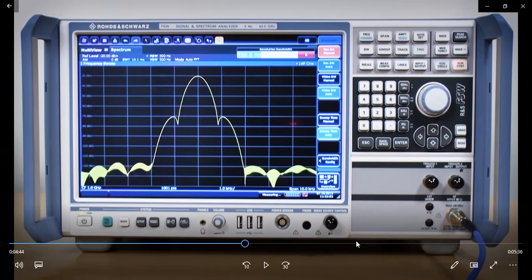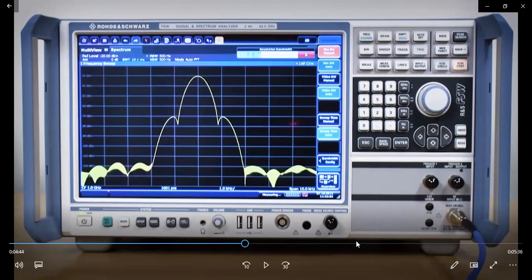So when you have fast changes and you want to trace the fast variation, then a larger RBW may help you. But when in the frequency domain you want to be more precise, then a smaller RBW is more helpful.